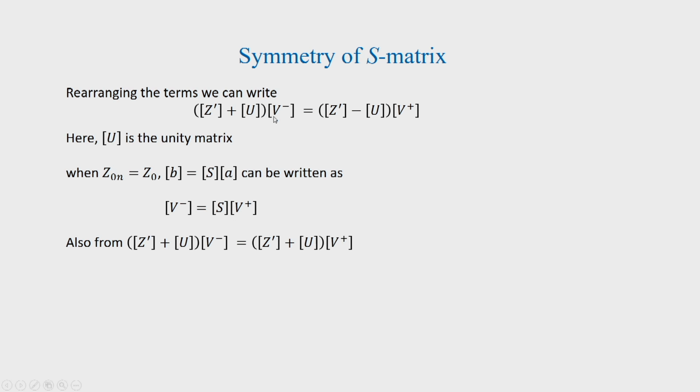And from the term above, we can find V minus to be equal to Z dash plus U inverse into Z dash minus U into V plus.